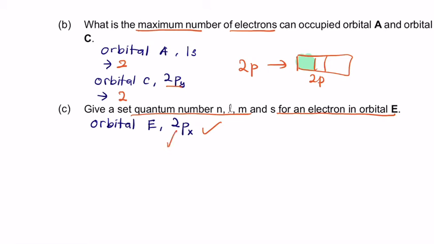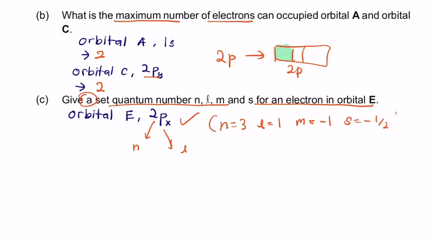Yang ini refer kepada N dan P ni refer kepada L. Okay. So you akan dapat di sini will be N equal to 1 set. Okay. Jangan tulis macam ni. N equal to 3 and 2, 1, 0. Okay. And then M equal to negative 1, 0, positive 1.